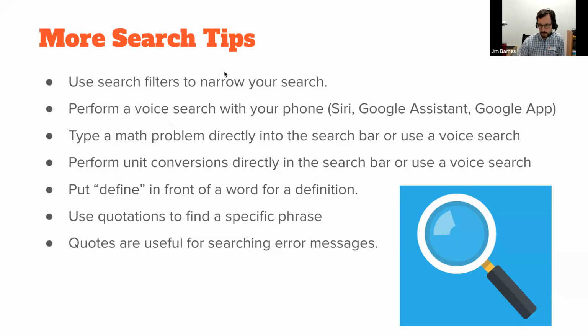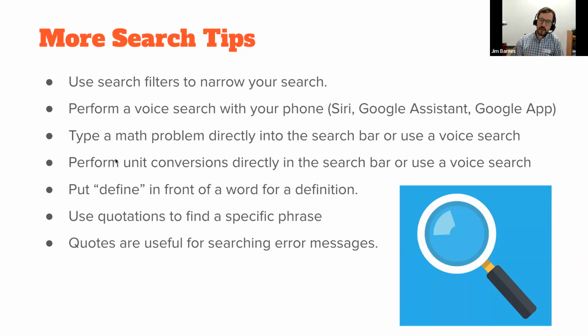A lot of people may not realize you can type a math problem directly into the search bar or by using your voice assistant. So you don't have to pull up a calculator app necessarily. You can just type in your math problem right into the search bar and it'll come up with the arithmetic right there at the top of the screen.